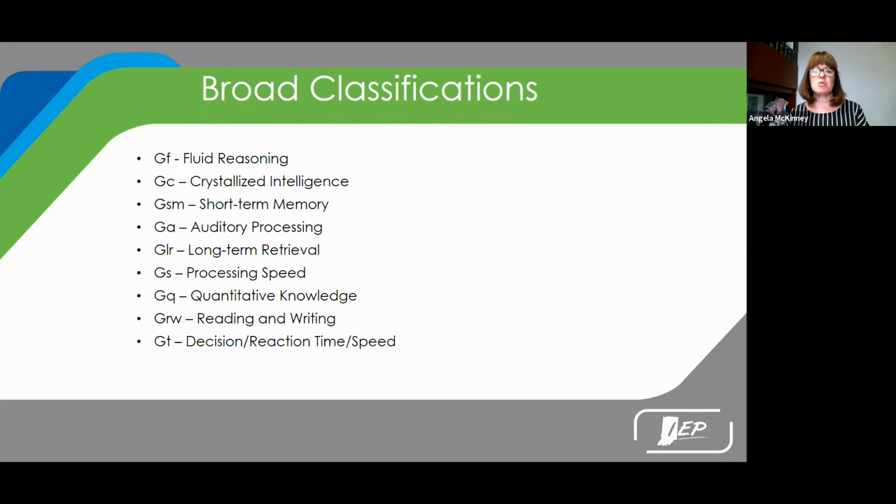So I'm not going to explain what a lot of these are because, again, you guys are probably using this stuff in your reports already. But the different G areas that we look at just represent different pieces and parts of how we think, right? How we process information, how we solve problems. And most of these are things that we're going to see on typical IQ tests, right?